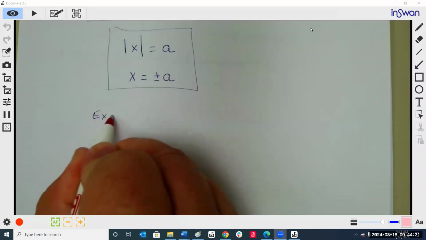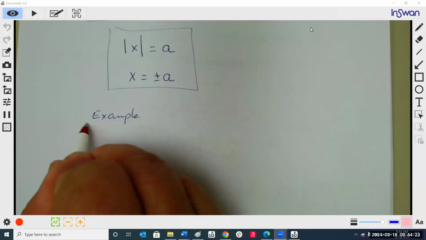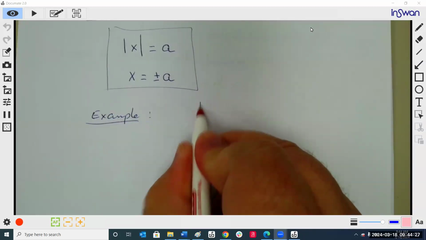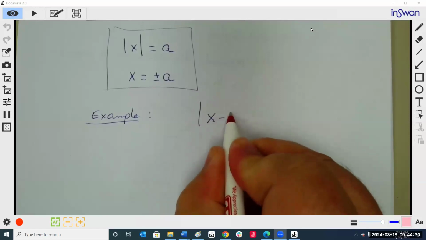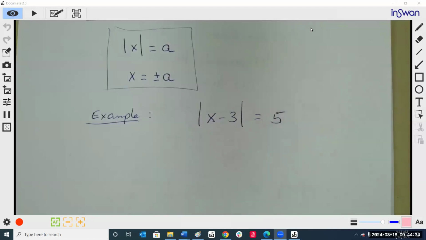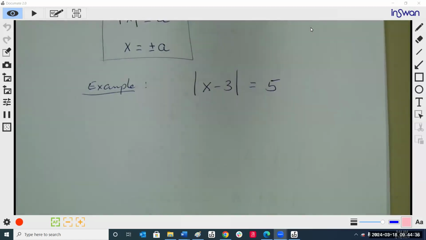Here's an example. Solve for x. How would you do it?